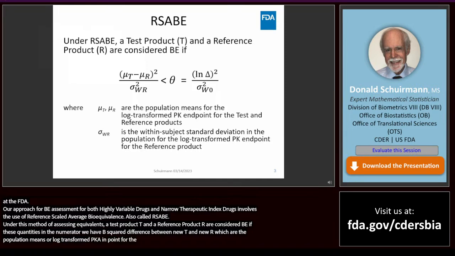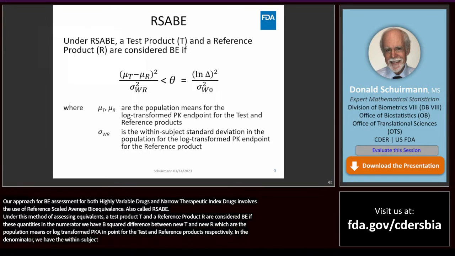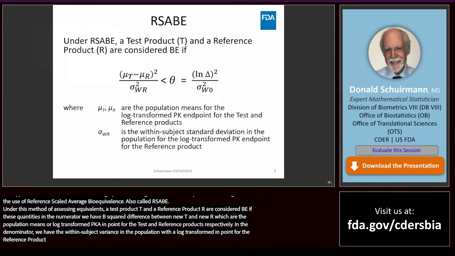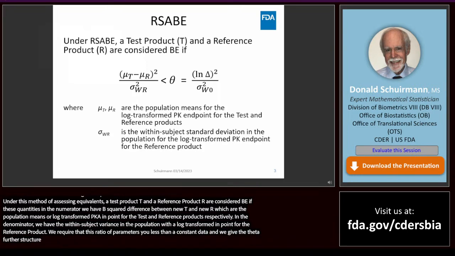In the denominator, we have the within-subject variance in the population for the log-transformed endpoint for the reference product. And we require that this ratio of parameters be less than a constant theta. And we give the theta further structure by specifying these values, capital delta and sigma W0.